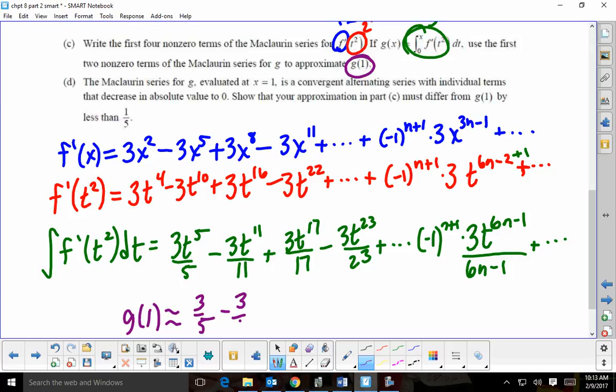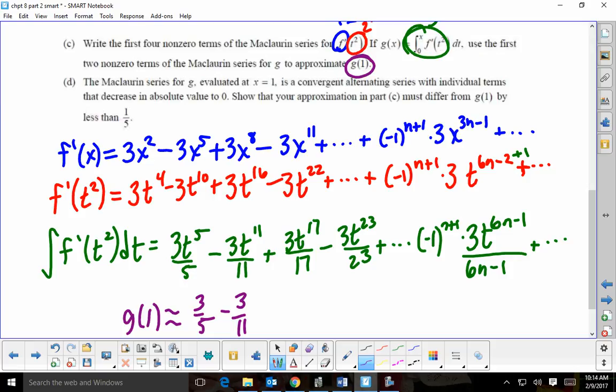x minus 3/11. If you really want to simplify, power to you, but you do not have to. Cool? Okay, did I ever have to do this right here with the whole plus 1 minus? No. It was just asking me for the first 4 terms, but I wanted to practice that for you.